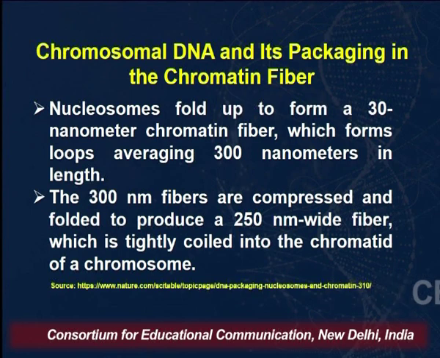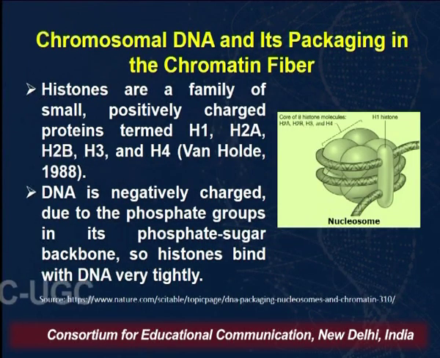We can see here how exactly the DNA is coiled onto the histone octamer molecule, and how it is further packaged to form the chromosomal structures. The histones are a family of small positively charged proteins termed H1, H2A, H2B, H3 and H4.